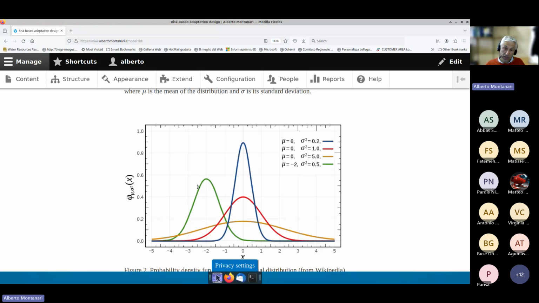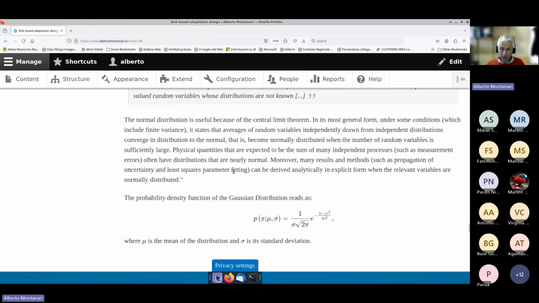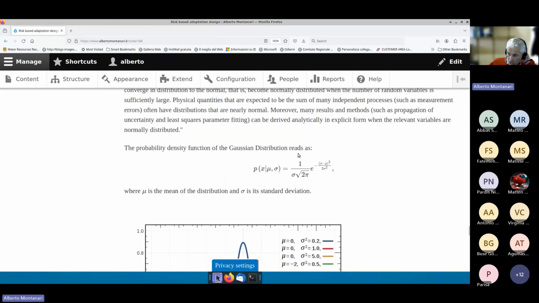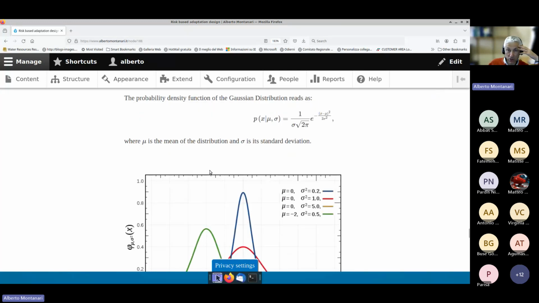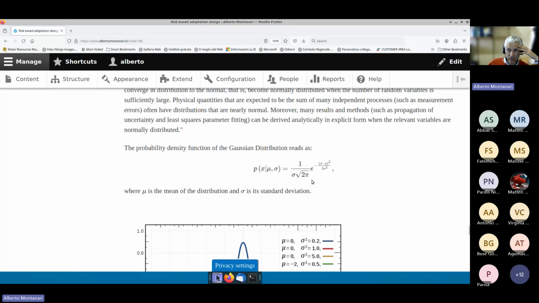Why different shapes? Because this is the analytical formulation for the density. You don't need to remember it by memory, absolutely. Just remember that the most common probability distribution is the Gaussian distribution, which is symmetric and bell-shaped. This is the analytical formulation, which depends on two parameters, mu and sigma.